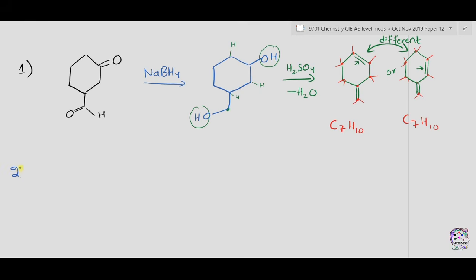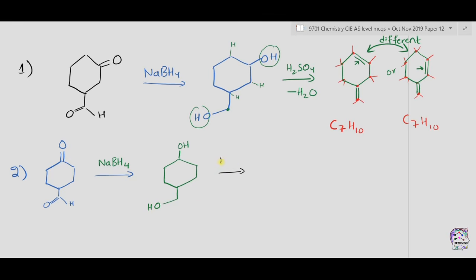For the second compound we have a carbonyl carbon on this carbon atom. The first reaction will be reduction in the presence of NaBH4, and the ketone is reduced to a secondary alcohol OH, and the aldehyde is reduced to a primary alcohol functional group.